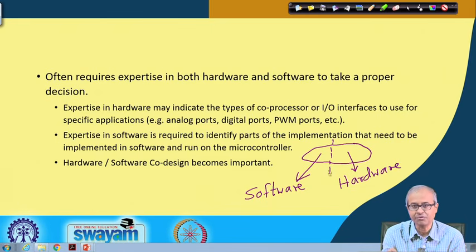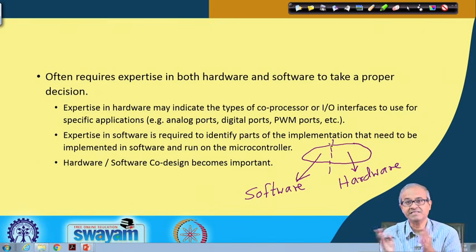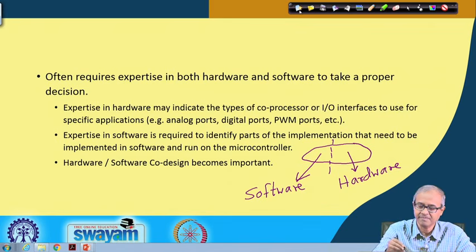So, where this boundary will be, this is a matter of design, you can say trade-off. The designer will decide how to shift this dotted line, so that desired performance and other criteria are satisfied in the best possible way. Okay? All right.